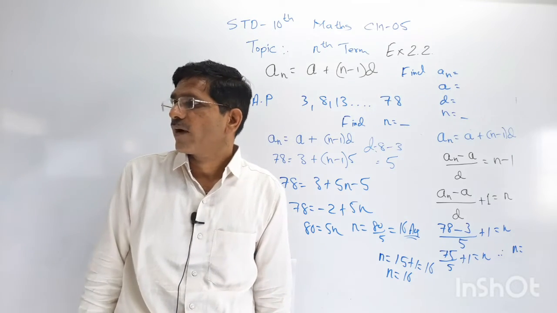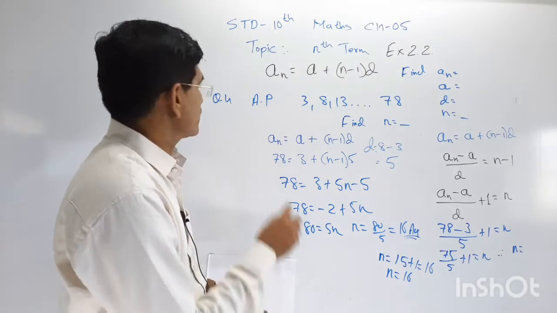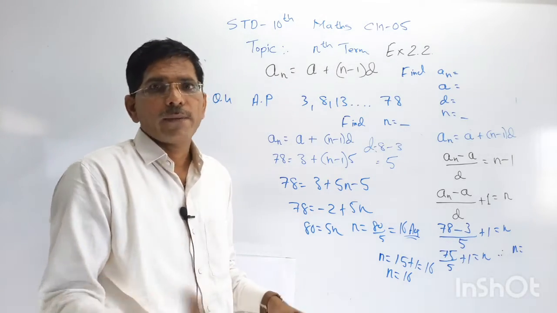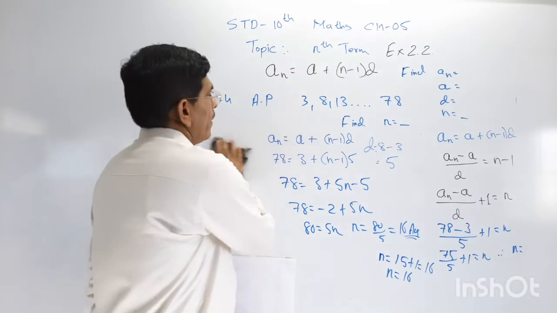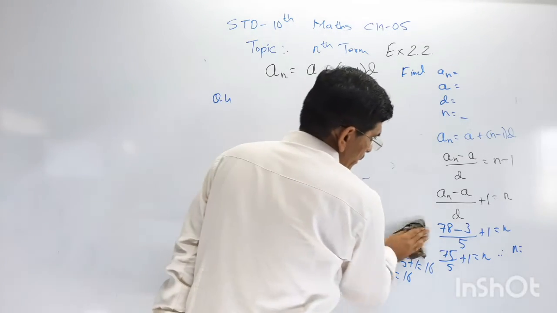Again the question is find the nth term. So it is the same. In question number 5, there are 2 sums, and I am explaining any one.